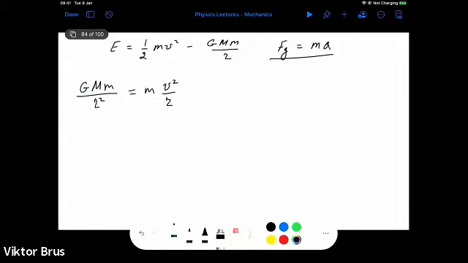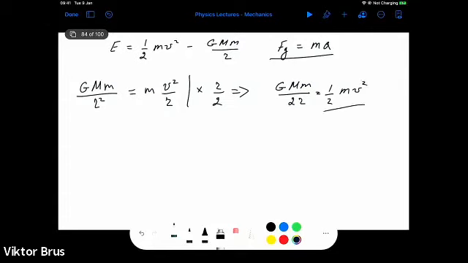So now what we can do, let us multiply left and right side of this equation by r divided by 2. And we will end up with the following picture. It will be G capital M times m divided by 2R. So we cancel out this square and add 2 in the denominator. And this will be equal to 1 divided by 2 m v squared.